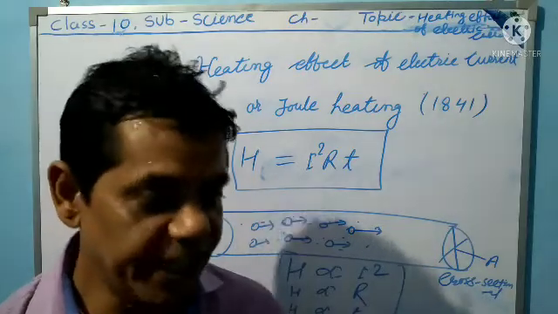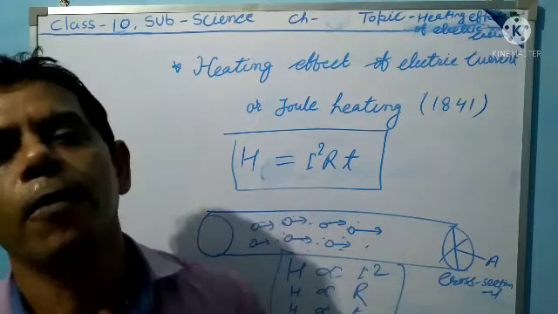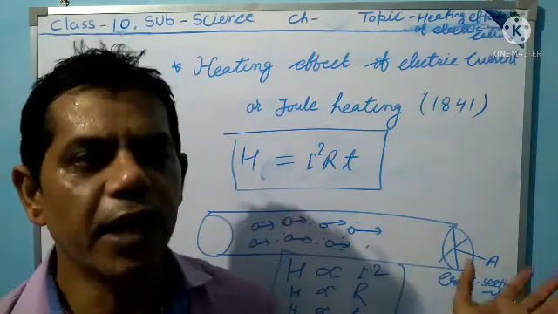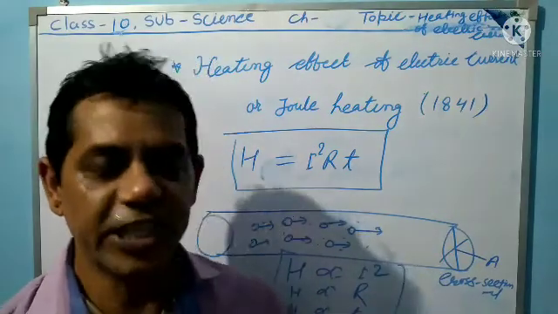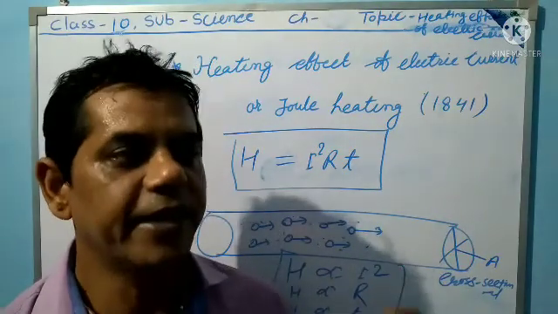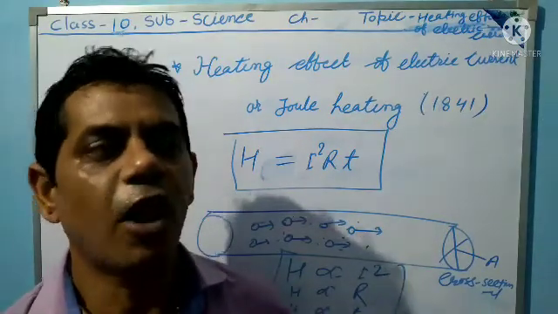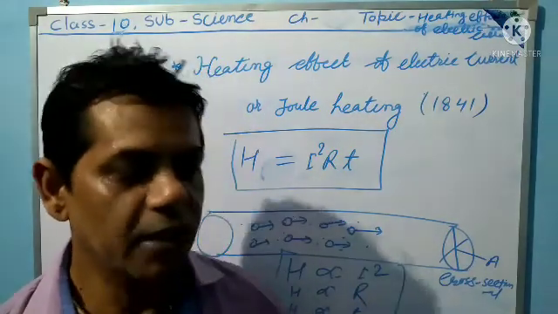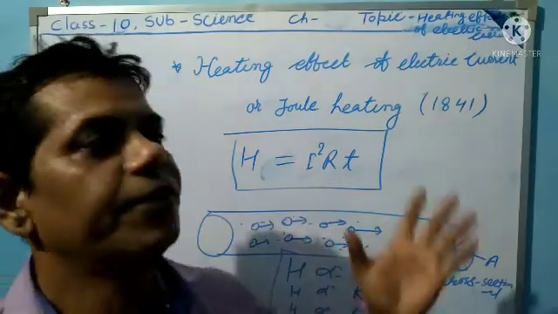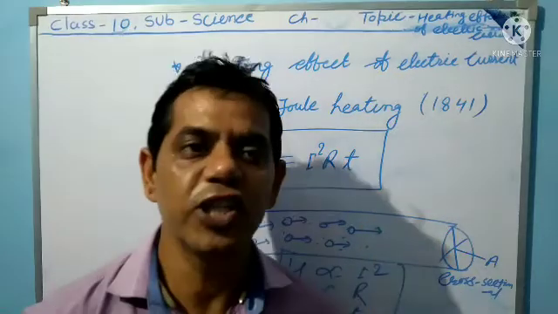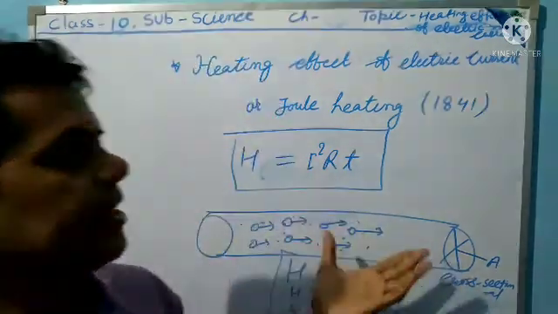If a thin wire is taken, its capacity to bear heat is less, so the wire easily melts because it cannot sustain that heat.